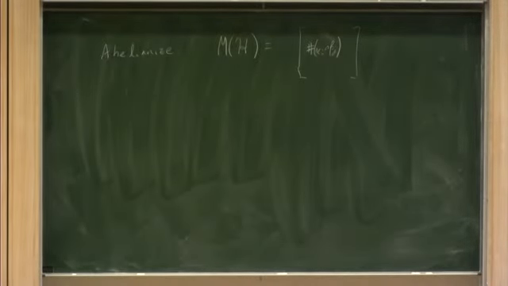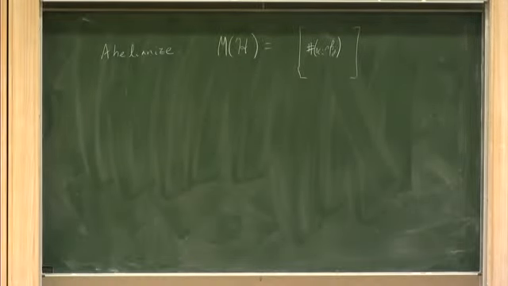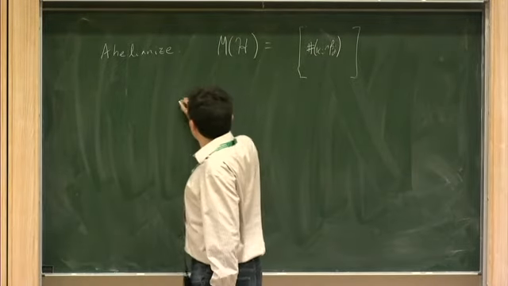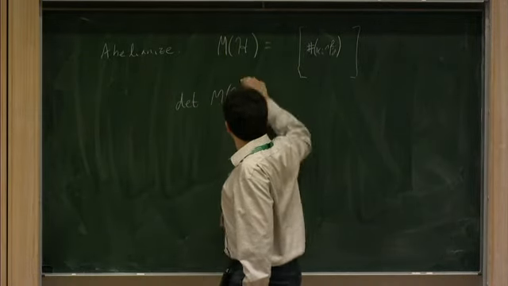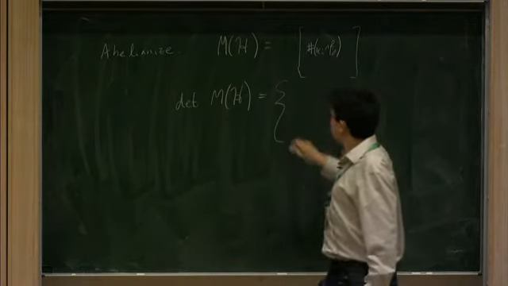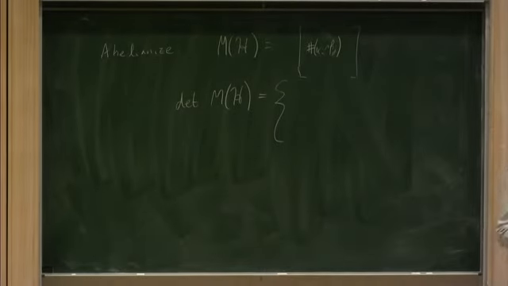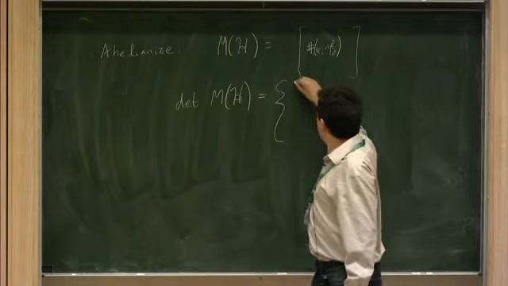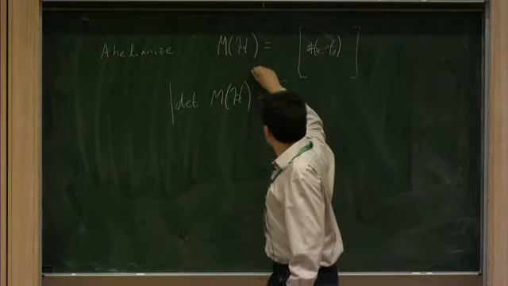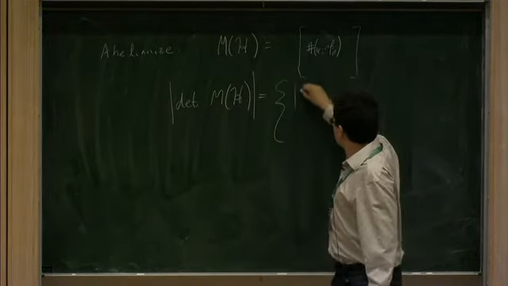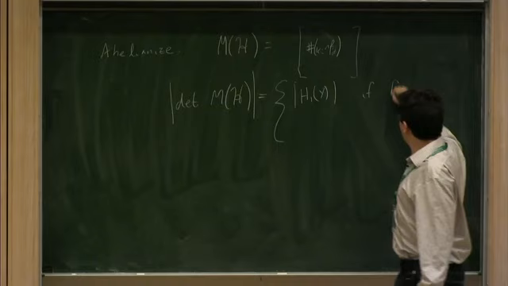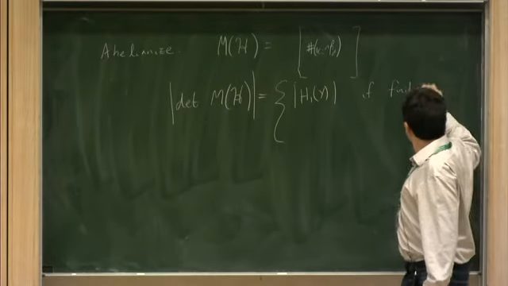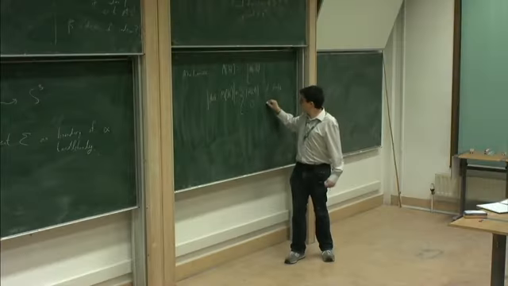And that's going to be a presentation matrix. So what we conclude is that the absolute value of the determinant of M of H is going to be the order of H1 of Y if this is finite, and 0 otherwise.